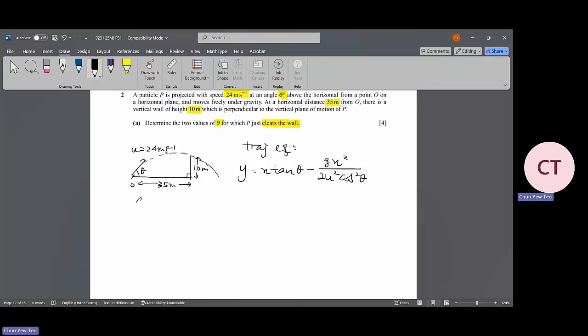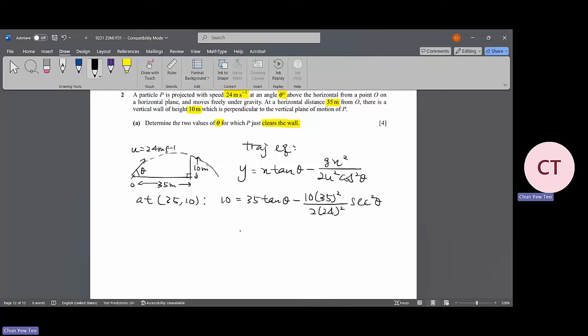So at x equal to 35, y equal to 10, you have 10 equals 35 tangent theta, which you do not know, minus, the g we can change to 10, x is 35, the u is given as 24. Then actually we can straight away change the cos square to secant square. So maybe we just write like this.